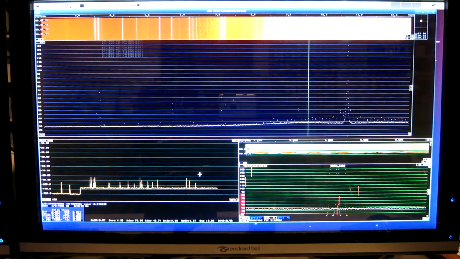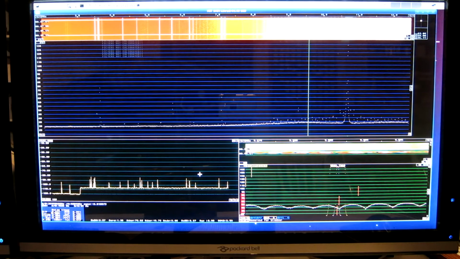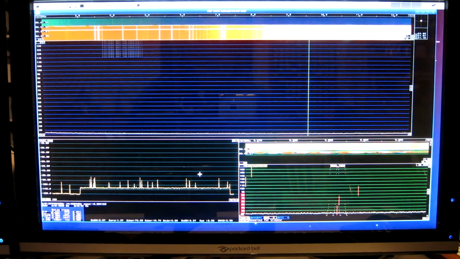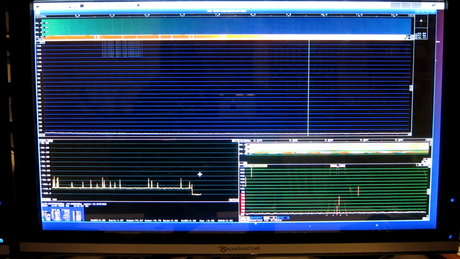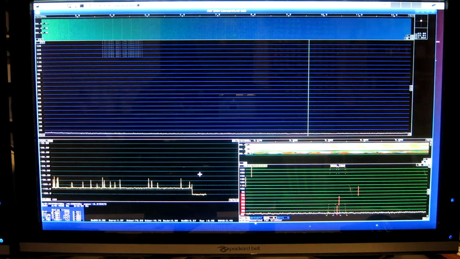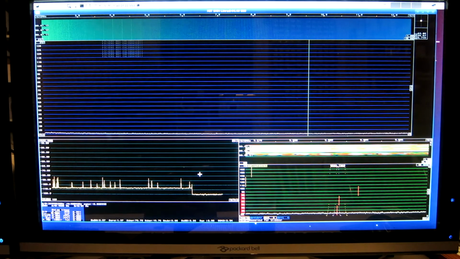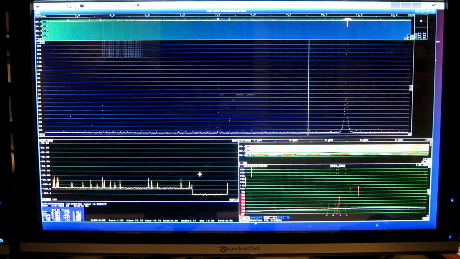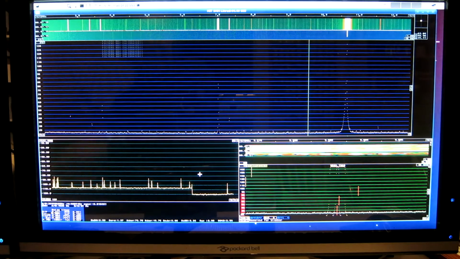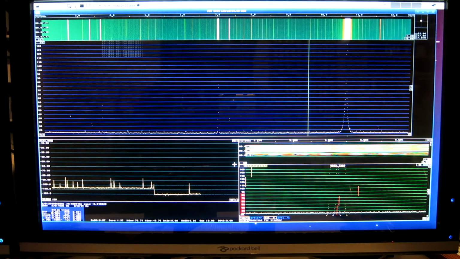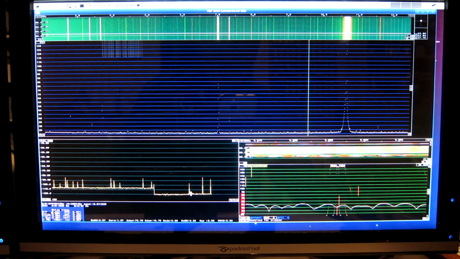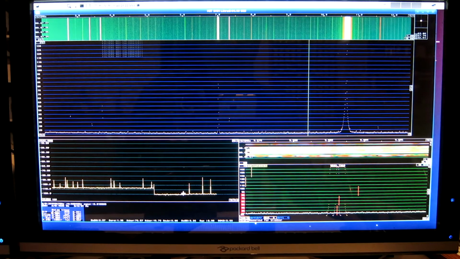And if I remove the input totally, that means no input at all, and then back again to the crystal oscillator. You can see here that there is practically no difference.